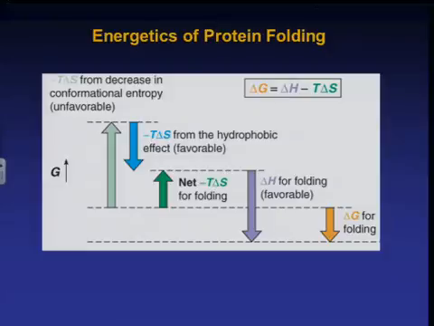Once it folds, the disulfide locks it into place. But it's good that you appreciate that the delta H is coming from many sources. When you add all those up, you get a net delta G that is negative, and that's why it happens. So you should be very familiar with all these types of interactions and how they contribute favorable energetics to allow proteins to fold.